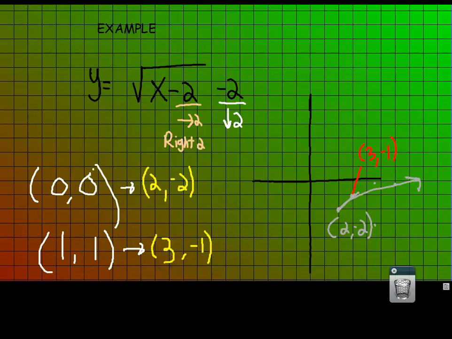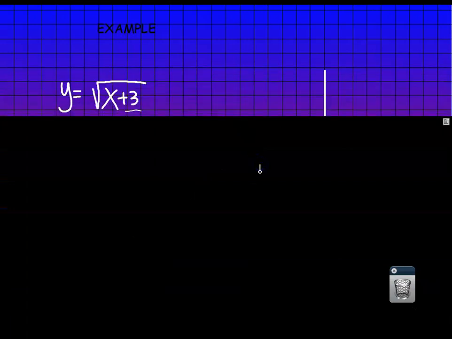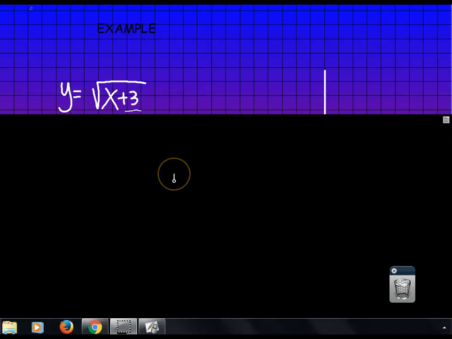All right, moving on. So I'll give you a second to try this one here. Identify what type it is and what points we need. Now, you probably realize it's a square root because my index is 2 there.